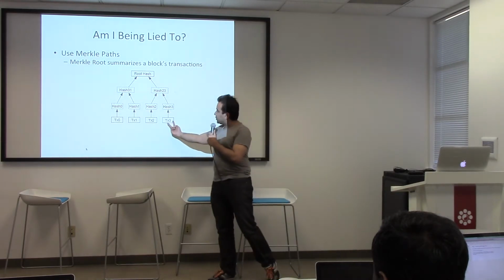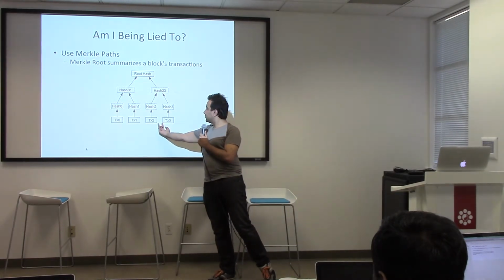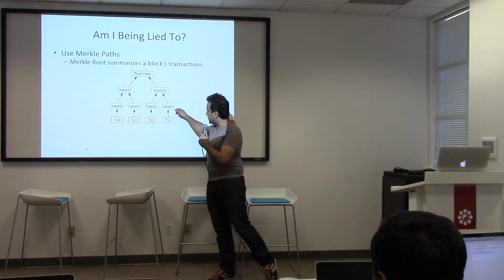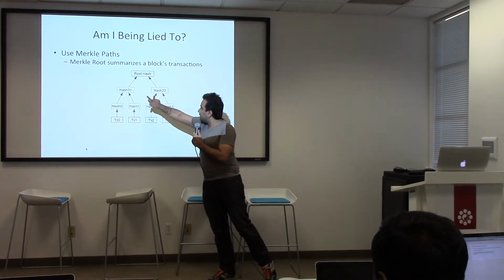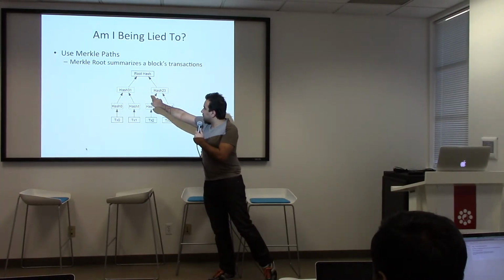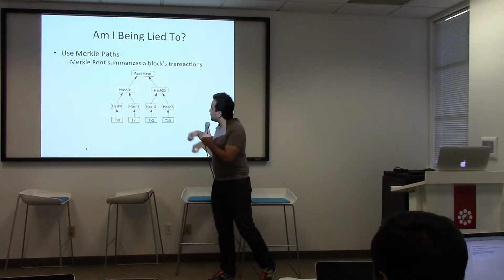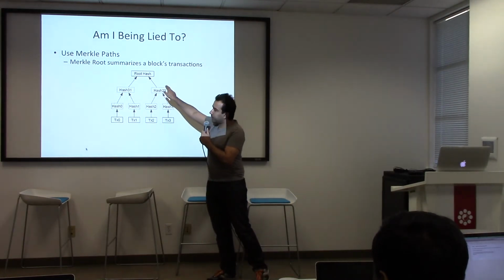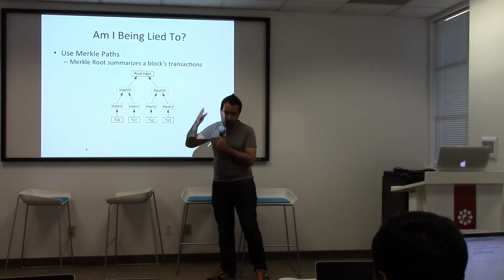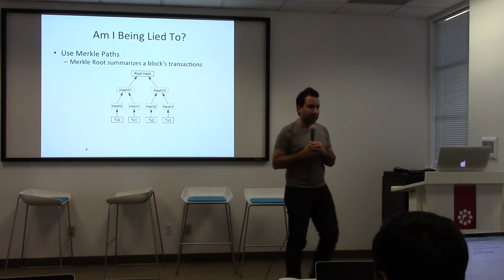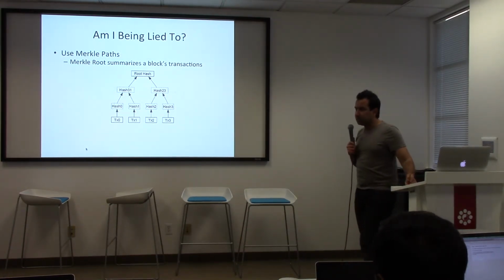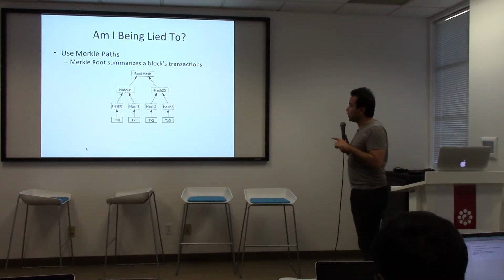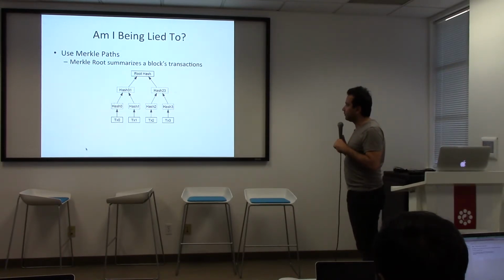You take these two, get the hash for transaction 2, get the hash for transaction 3, combine that, take a hash of that, combine that with the other hash in that level, combine that, take a hash of that, and then you end up with a 32-byte summary of the entire block. Now, that's a Merkle root, and you talked about that last week.